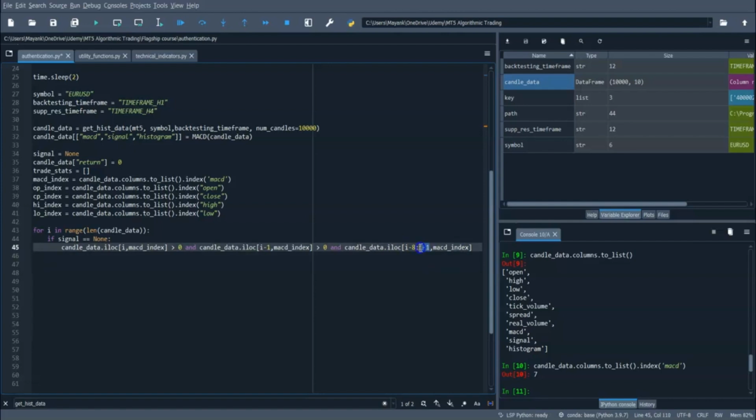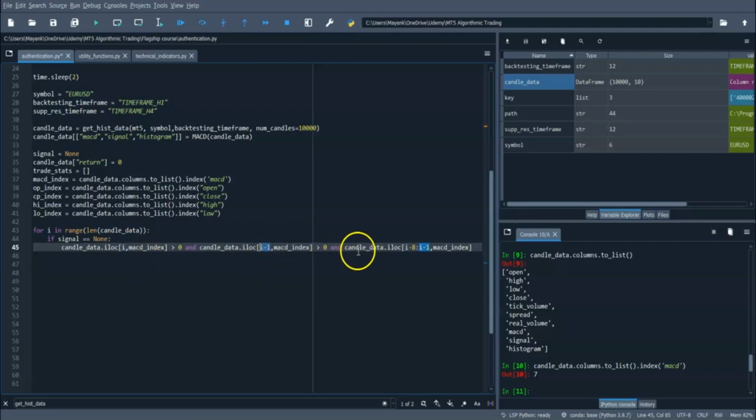Because i minus 1 is already used here to check whether it's positive or not, we have to check till i minus 2. But if I do i minus 2 here, then Python will not include this, so I'll have to use i minus 1 if I want to test till i minus 2. Essentially, we are checking for 7 previous candles. We check the current candle, whether it is positive or not. We check the previous candle, whether it's positive or not.